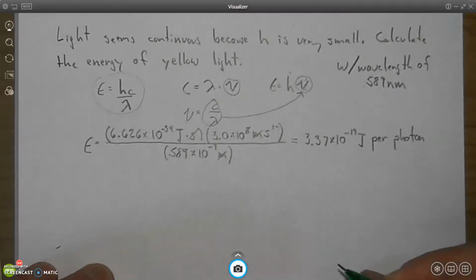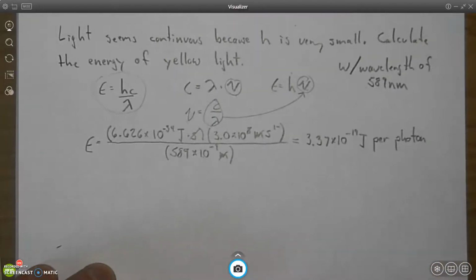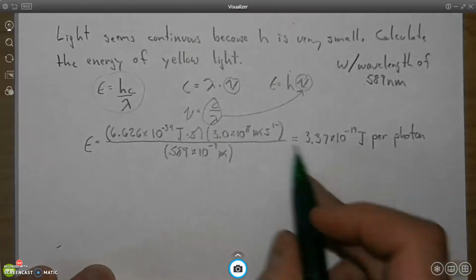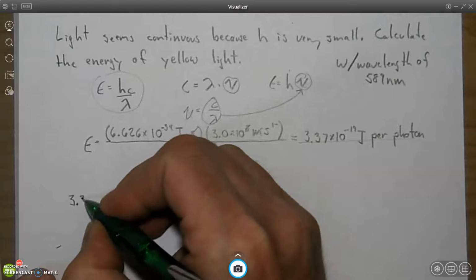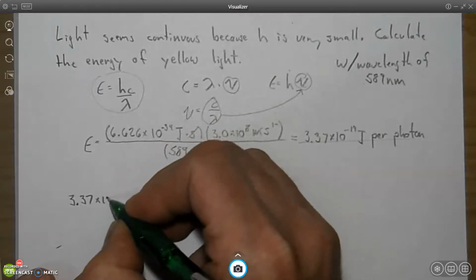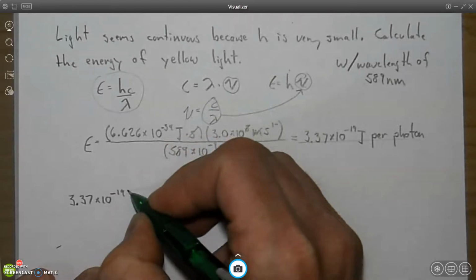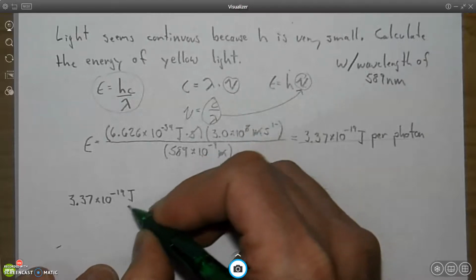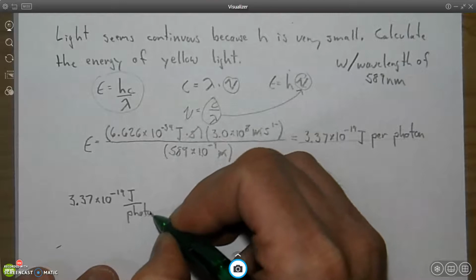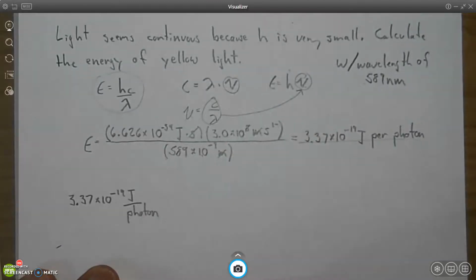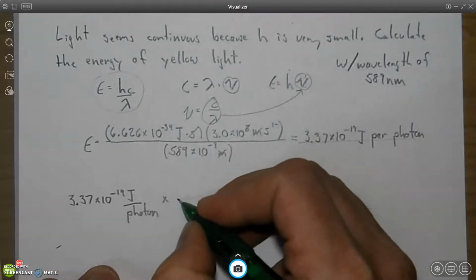Now, we may say, well, how much would it be for a mole of photons? We could do that. We have this answer, and let's go ahead and incorporate that. 3.37 times 10 to the negative 19 joules per photon, and I'll go ahead and do it like this, so I can get the dimensional analysis going. And then we multiply times Avogadro's number.